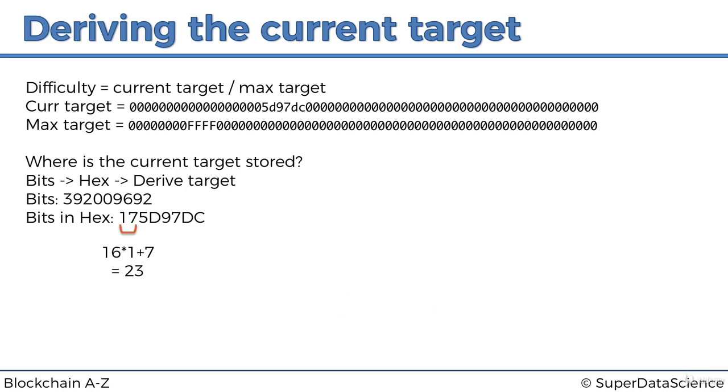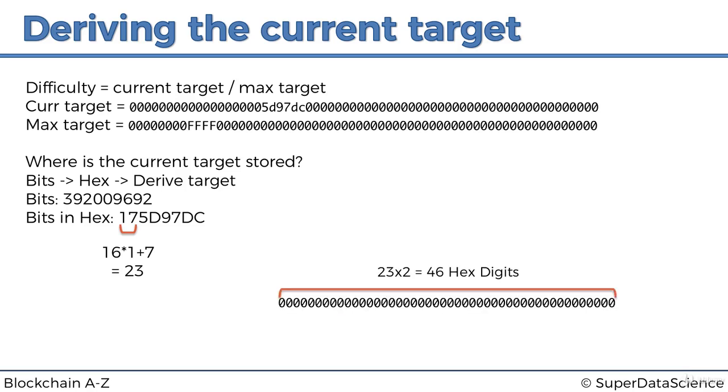So what we're going to do now is draw 23 times 2, important to multiply by 2, so 46 hex digits. Why are we drawing 46? That's the length of our number. So 23 bytes is actually 46 hex digits. Why is that?